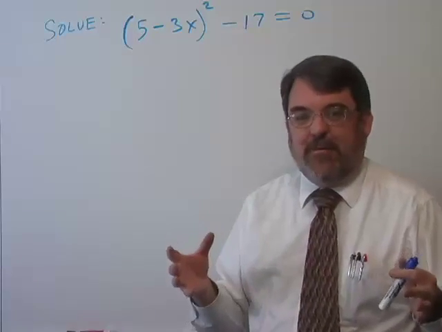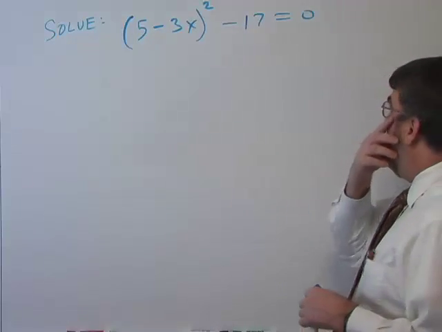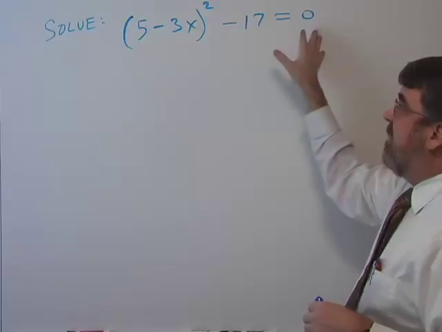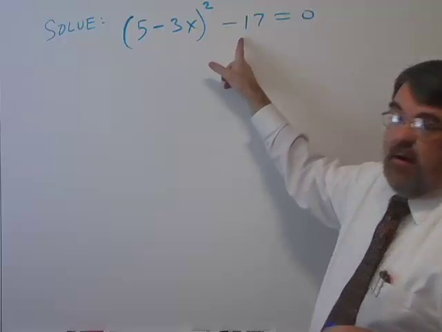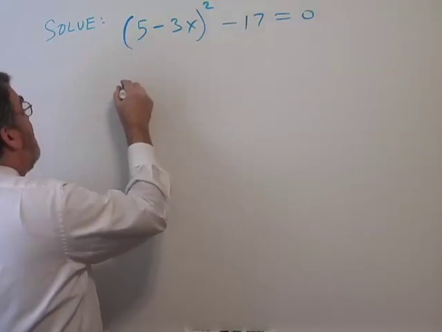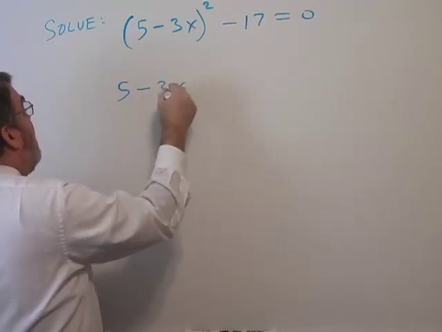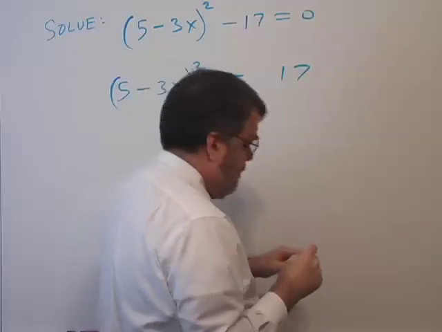When can you do the square root method? I'm first going to start off by adding 17 to both sides. In other words, I'm going to isolate the squared term from a constant. This gives me (5 minus 3x) squared equals 17.